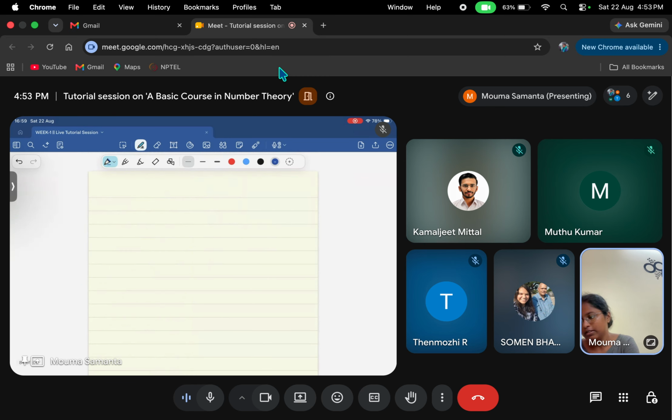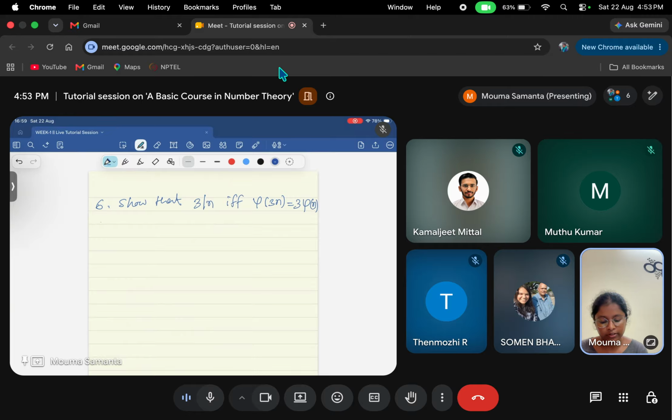Now let's solve another similar kind of question, question number 6. 3 divides n if and only if phi of 3n equals 3 phi n.